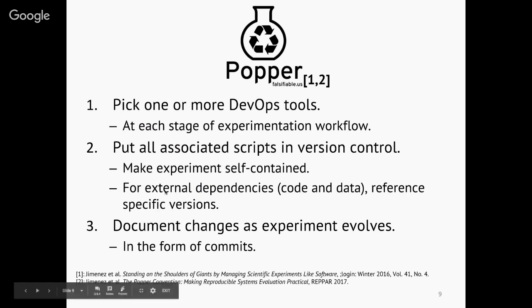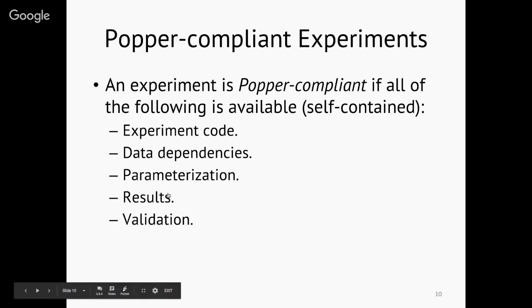If we do this, then at the end we have what we call Popper compliant experiments, which is basically an experiment that is self-contained, for which we have everything we need in this version control system.